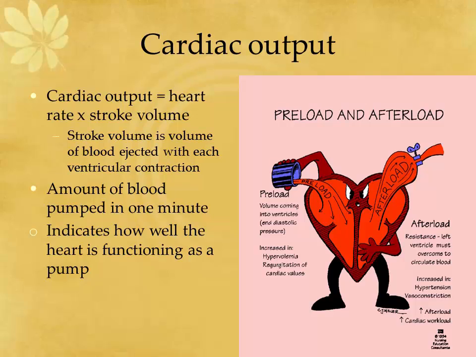So as a general rule, if the stroke volume is 70 and the heart rate is 60, then we get 4,200 milliliters of blood being pumped per minute. And that's what cardiac output is: the amount of blood pumped in 1 minute.